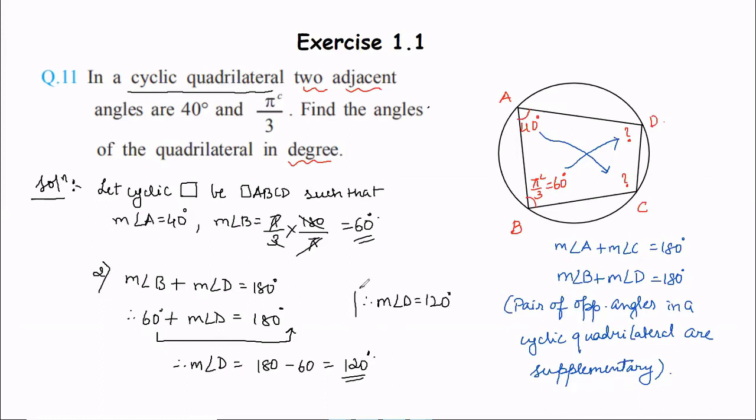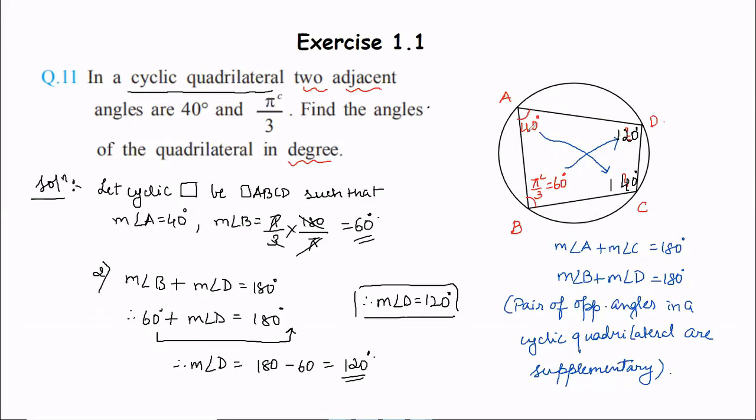If you want to check your answers, you can add all the 4 angles. We have found that measure angle D is 120 degrees and measure angle C is 140 degrees. You can add all the angles and see whether you get 360 degrees to cross check your answers, because the sum of all angles of any quadrilateral is 360 degrees.